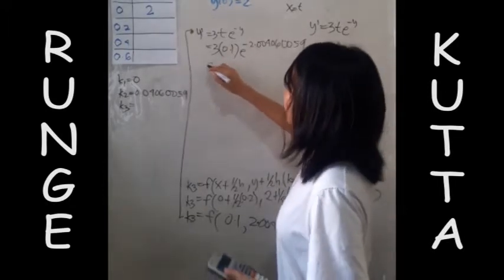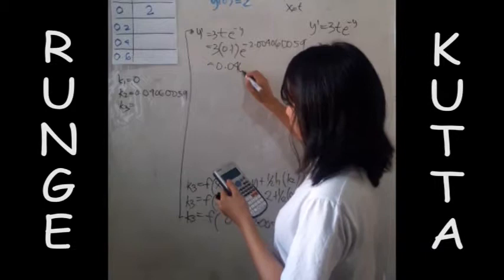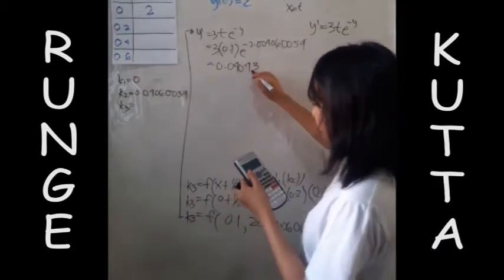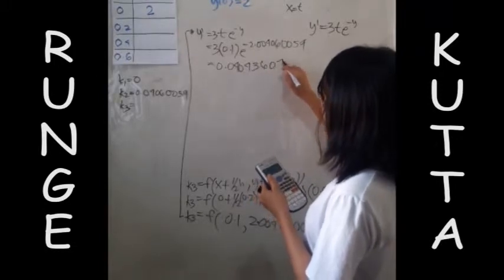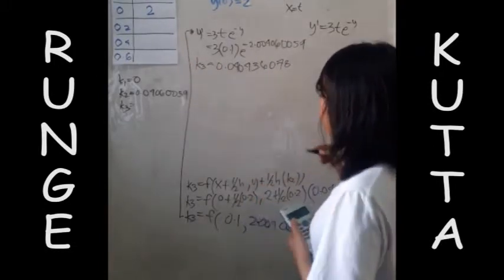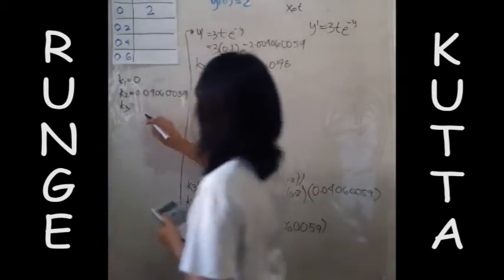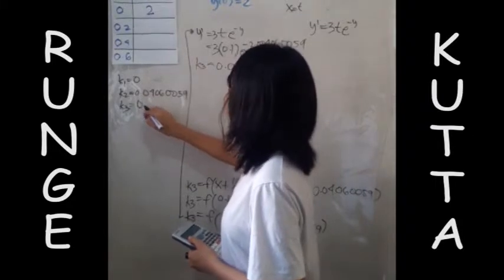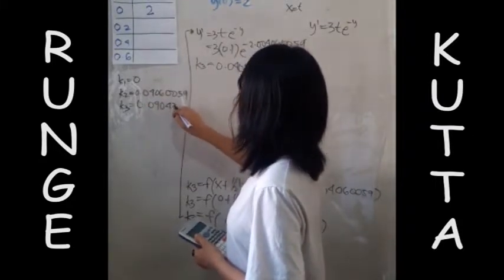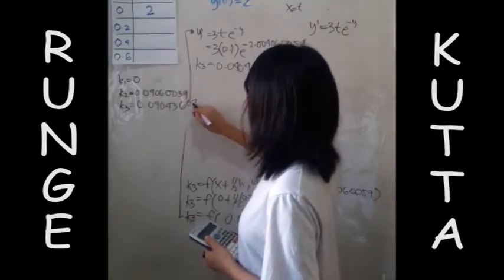And we will get an answer of 0.040436078. So this will be our K3. So let's write it here.